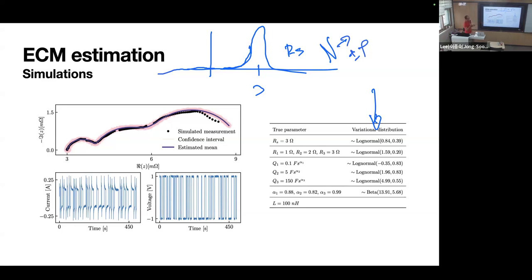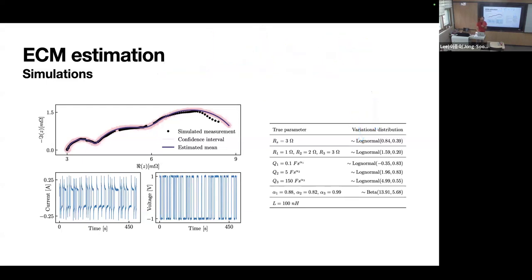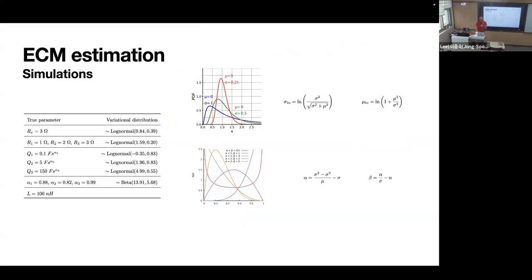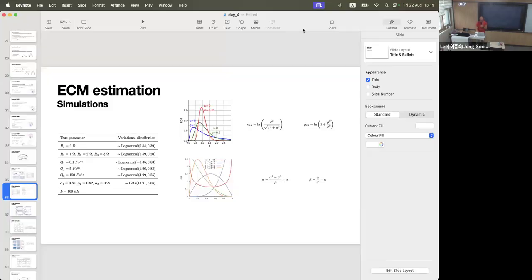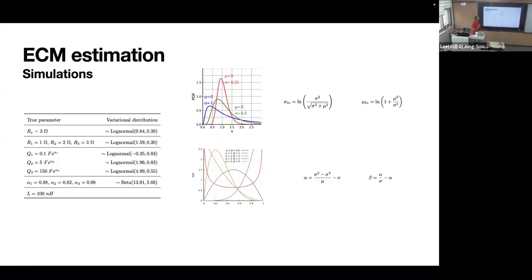One of the simplest ways to do it is to use the so-called log normal distribution. I'm going to show it to you. So a log normal distribution is the one that we have here.